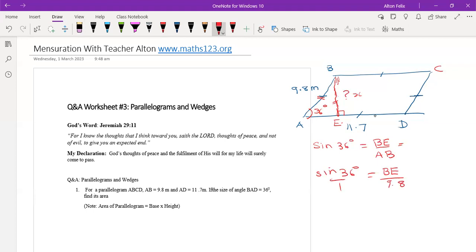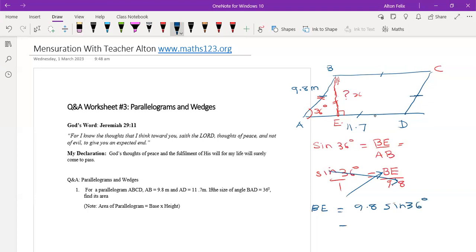Now, there's a rule in math that says we can simplify this by cross multiplication. So BE by 1, which is BE, is equal to 9.8 multiplied by sine 36 degrees.